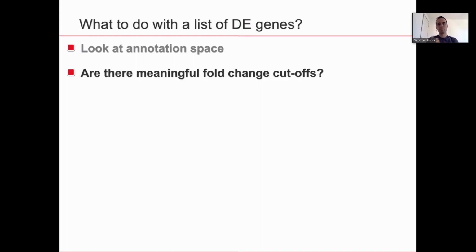What you have to keep in mind is that the abundance of a transcript doesn't always directly relate to the abundance of the encoded protein. Sometimes it's actually the opposite. They're inversely related. And that doesn't necessarily inform anything about the activity of the encoded protein product. So it's one approach to look for really large changes in transcription, but that might not actually relate directly to changes in biological activity in the cell, just to keep that in mind.